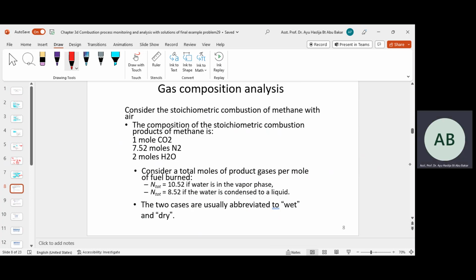Now for gas composition analysis, consider a stoichiometric combustion of methane, CH4, with air. The composition of the stoichiometric combustion products already gives you CO2, N2, and H2O.